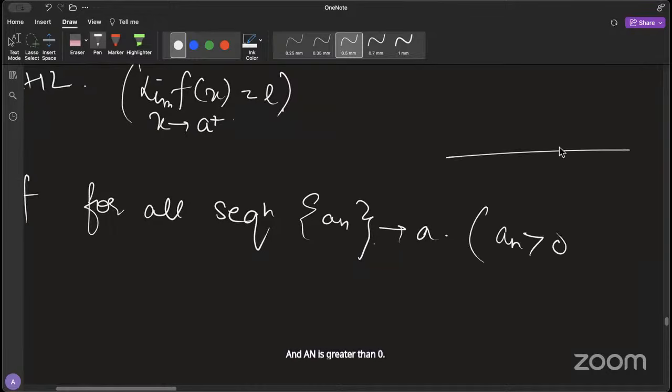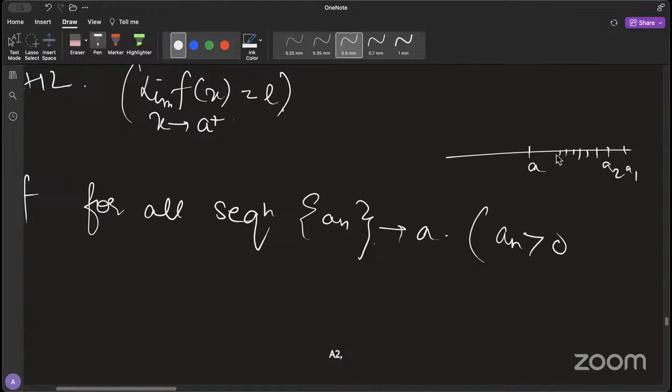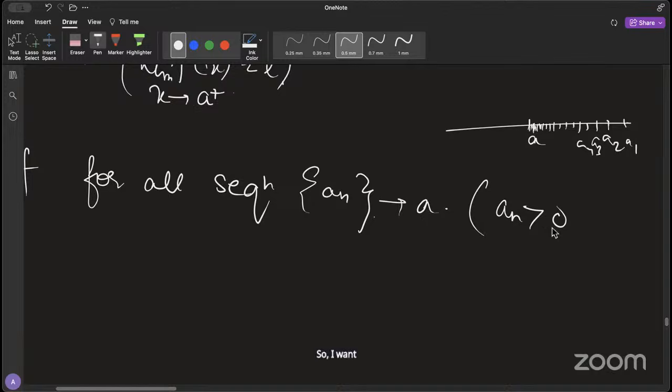I want a_n to converge to a from the right-hand side. That means I want the terms a1, a2, a3, a4 to be approaching a from the right side, so I want them to be greater than a.